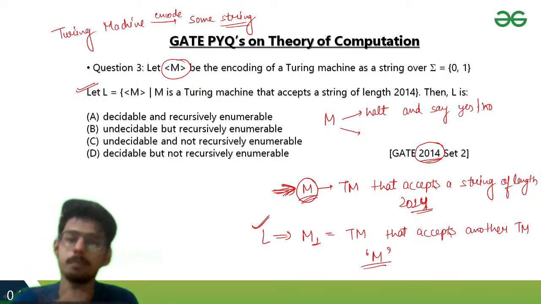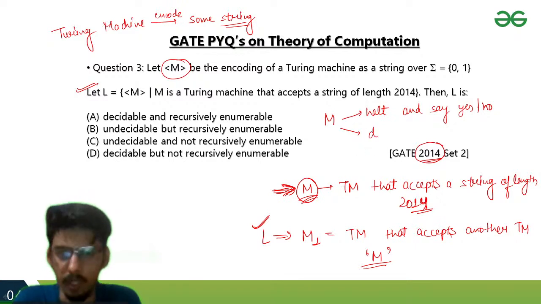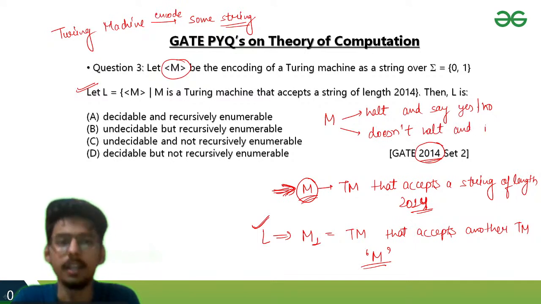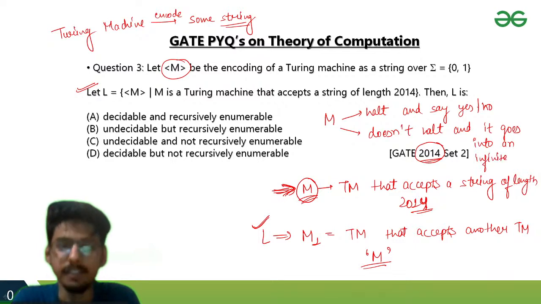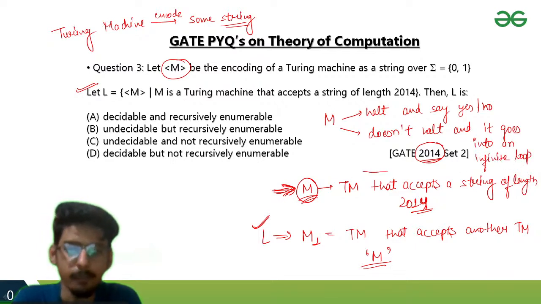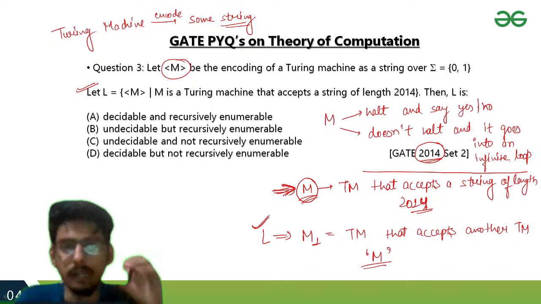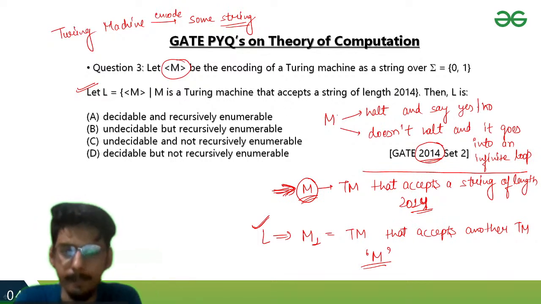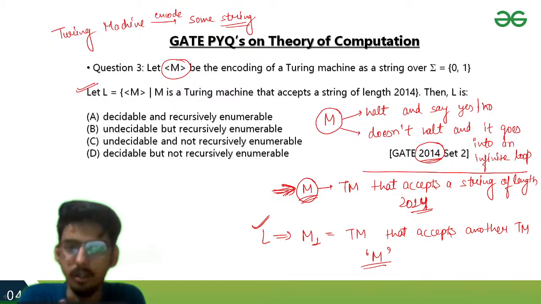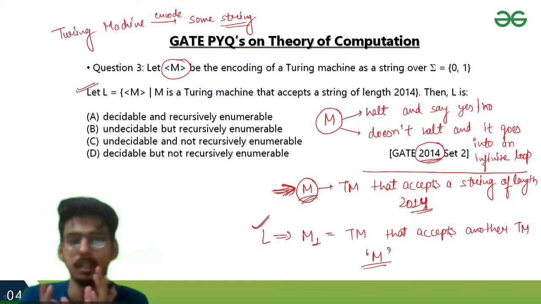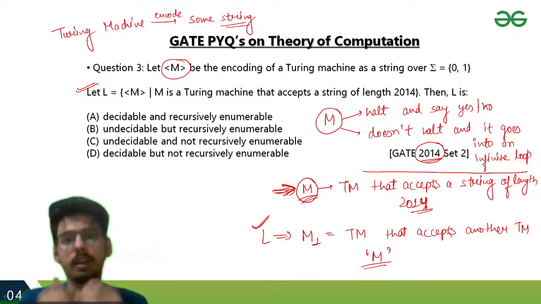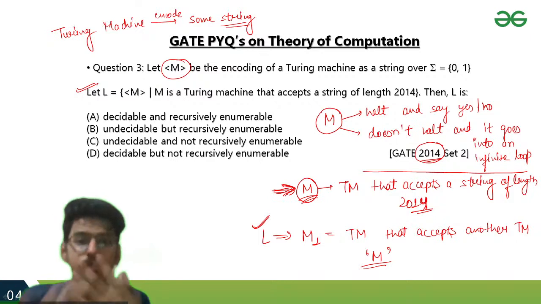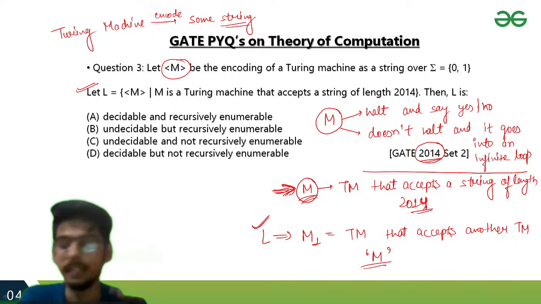And there is another possibility that it does not halt and goes into an infinite loop. These are the two possibilities of M.